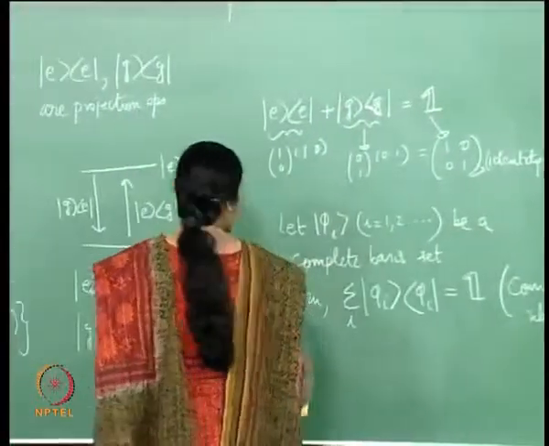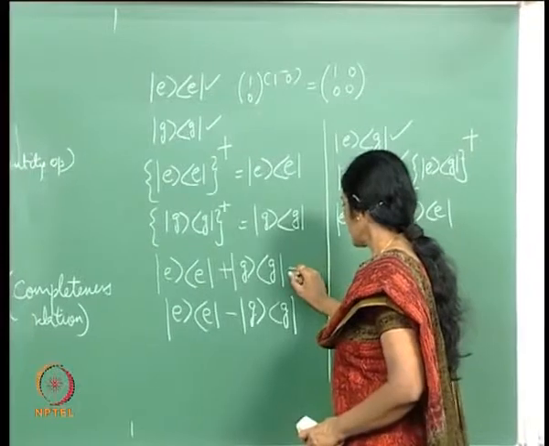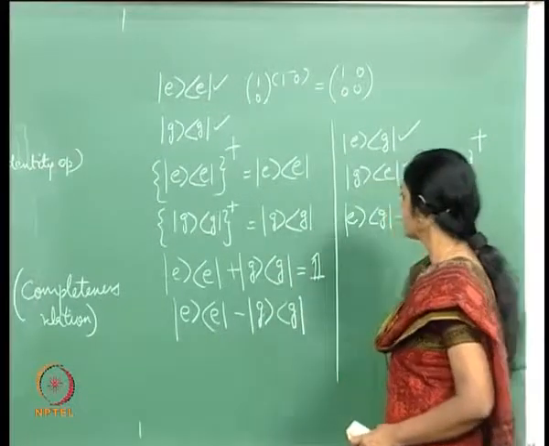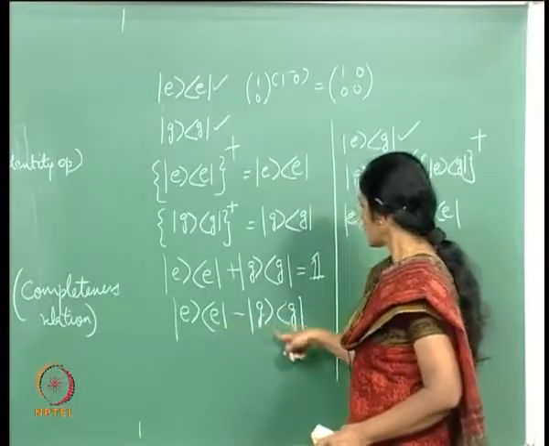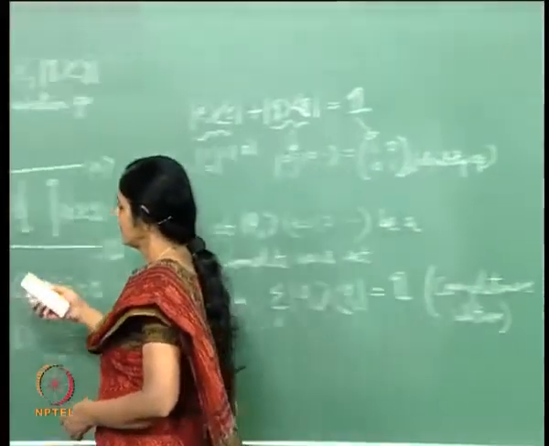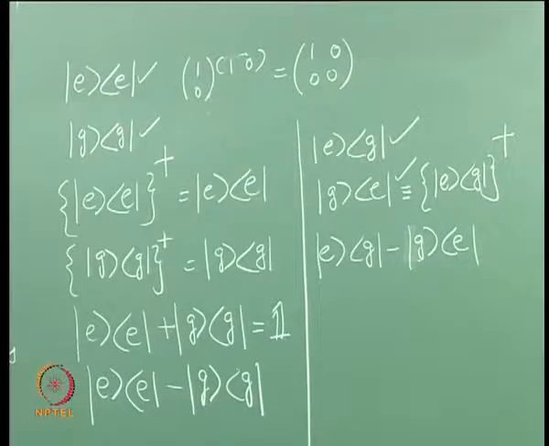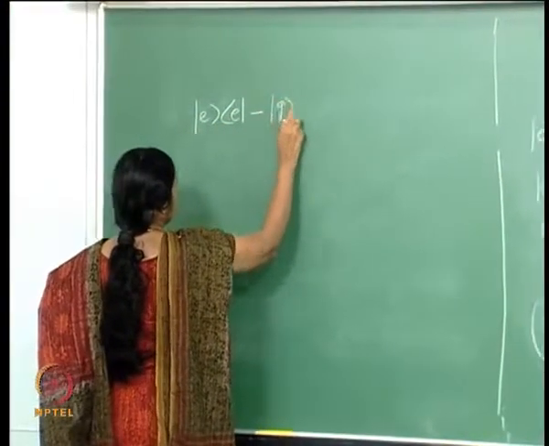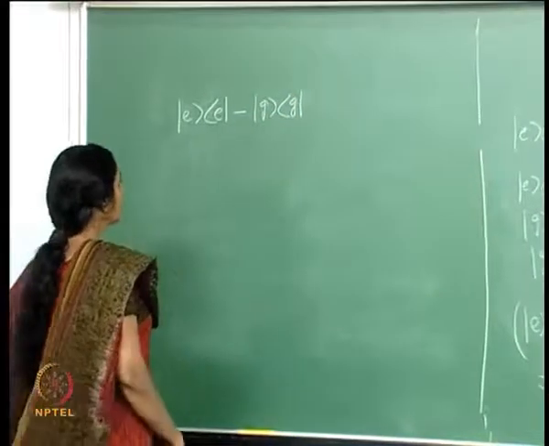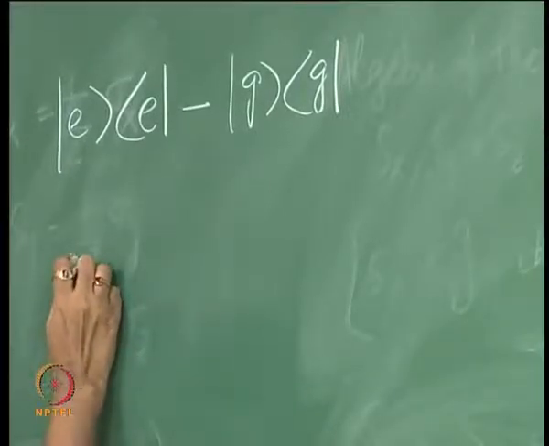Now let's proceed and see what the other operators mean. So we know what this operator is. This operator is merely the identity operator. Now let us consider this operator. So I now start with the operator |e><e| minus |g><g|, and I wish to know what it is. Already I know what S plus and S minus are.